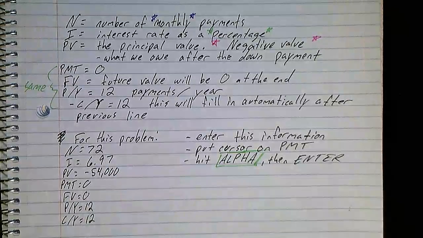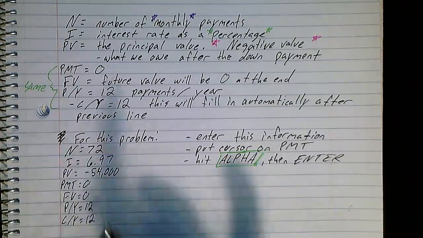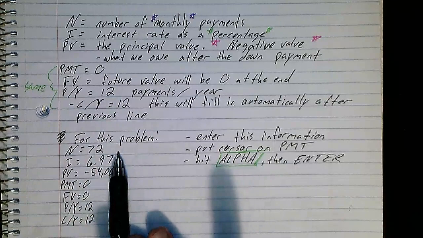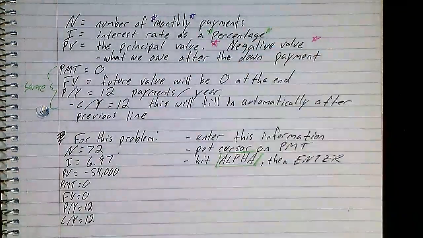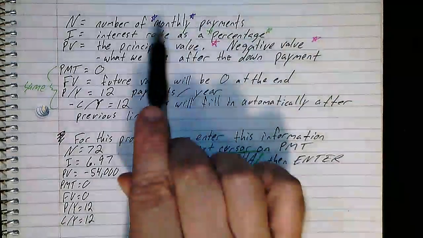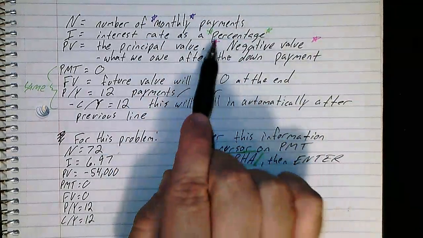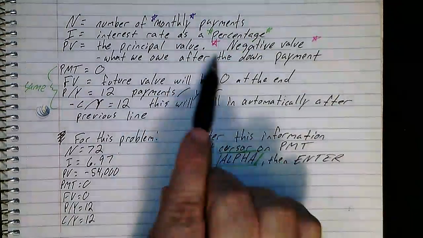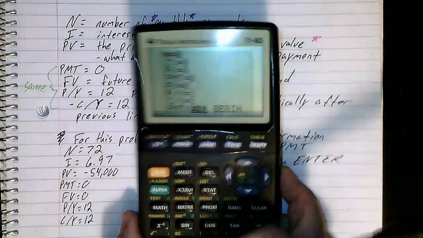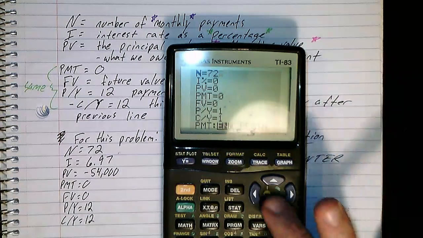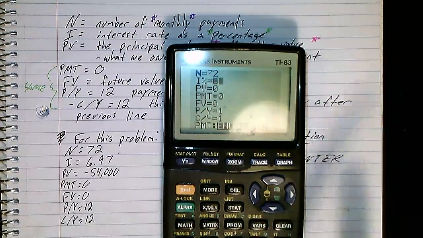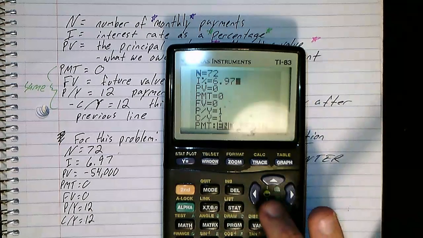Interest rate is 6.97%. Again, it is the interest as a percent. Do not move the decimal. N is the number of monthly payments, not yearly payments, but monthly. So these are the things you need to be aware of: monthly payments, interest as a percentage, PV should be negative. Here we go. 72 payments, interest of 6.97%.